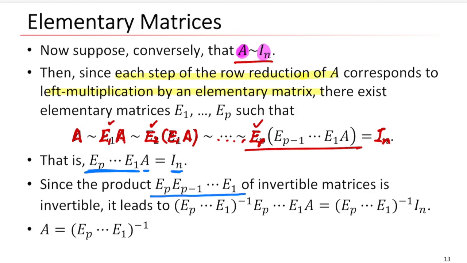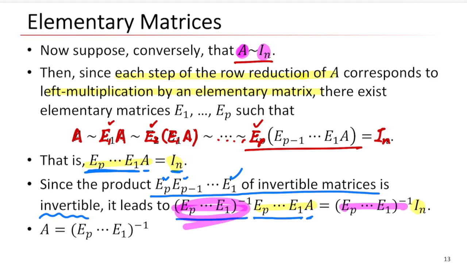Since the product of invertible matrices is also invertible, because each matrix is invertible, right? Then it leads to the inverse of Ep through E1 times Ep through E1 A. Because there exists the inverse of Ep through E1, right?